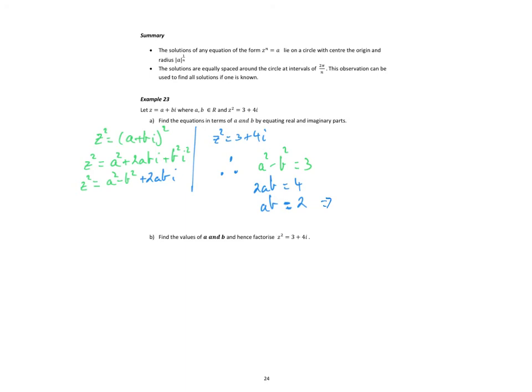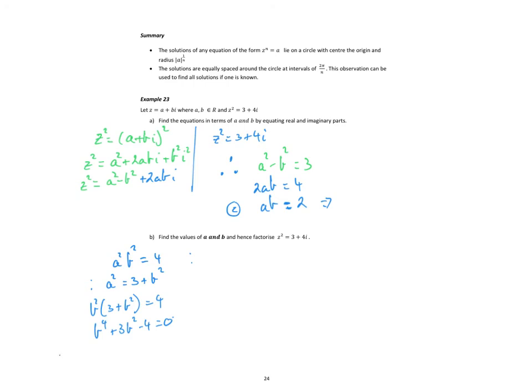So part B, if I square everything in that equation there, I get a squared b squared is equal to 4. And from equation 1, I get a squared is equal to 3 plus b squared. So now I can substitute a squared in. b squared times 3 plus b squared equals 4. So I get b to the 4 plus 3b squared minus 4 is equal to 0.